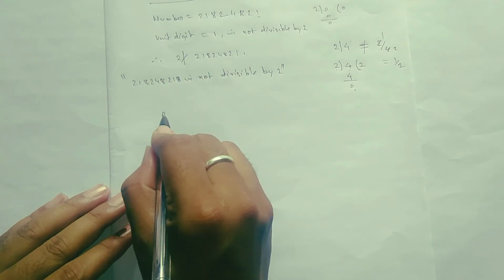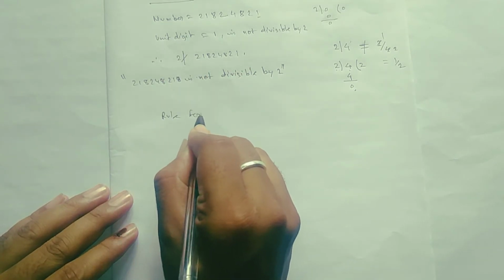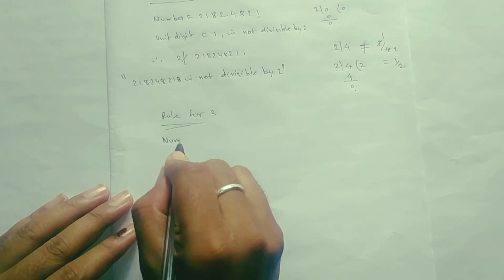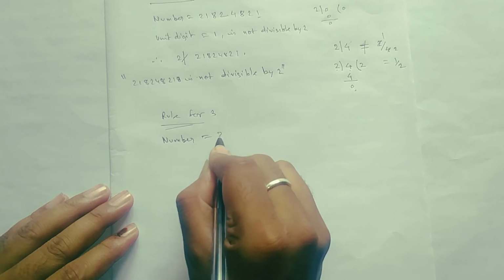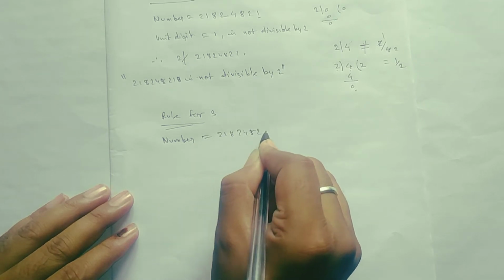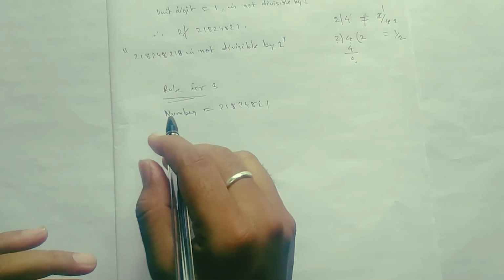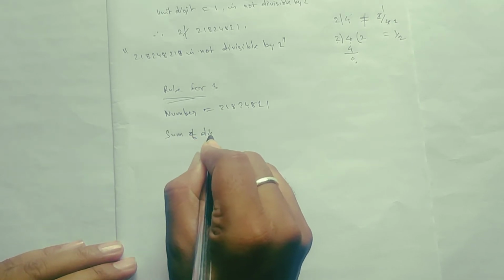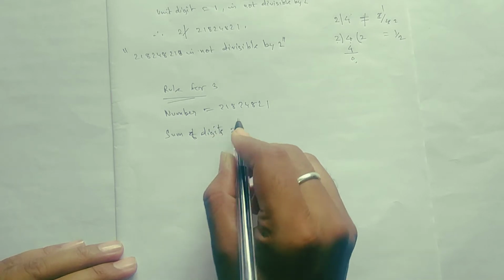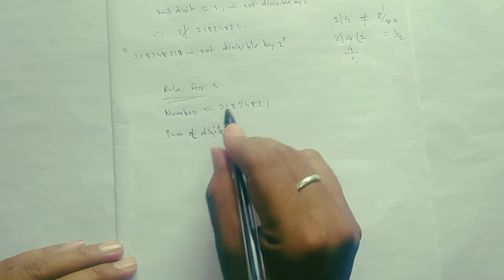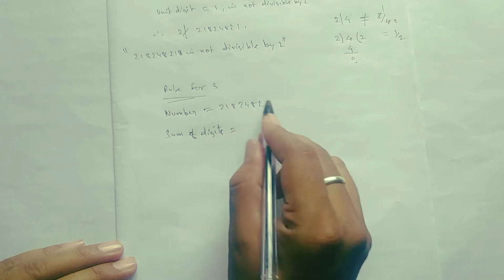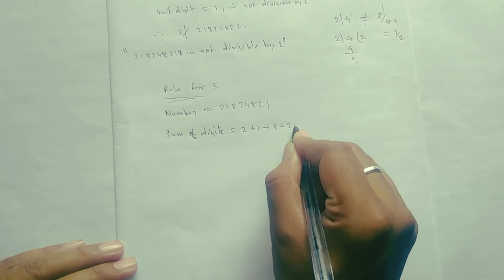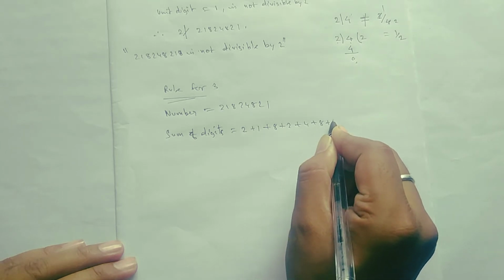Next, the rule for 3. Same number we take here, 21824821. Now sum of the digits means you need to add the digits, that is 2 plus 1 plus 8 plus 2 plus 4 plus 8 plus 2 plus 1.